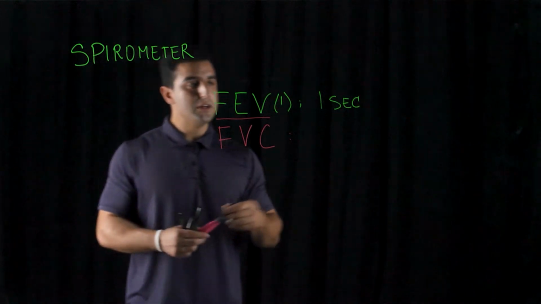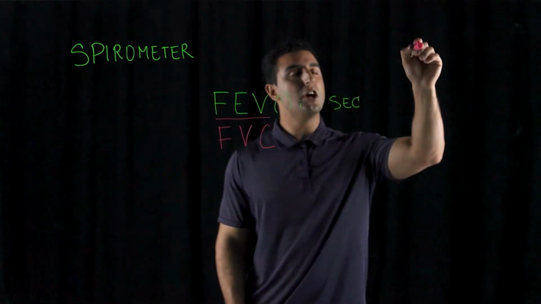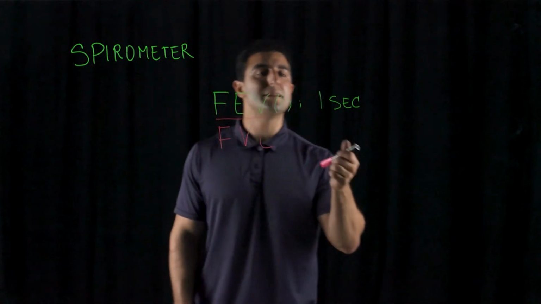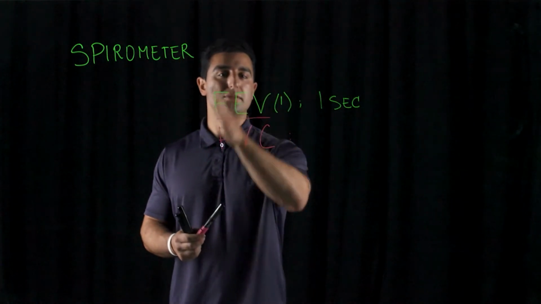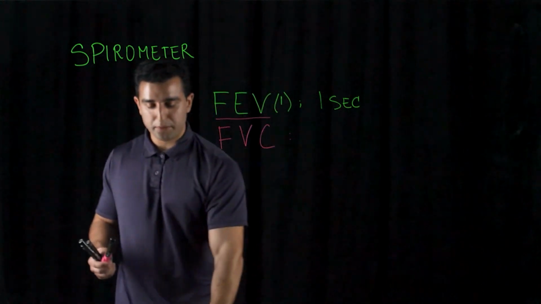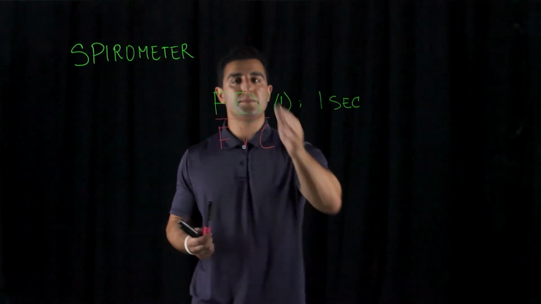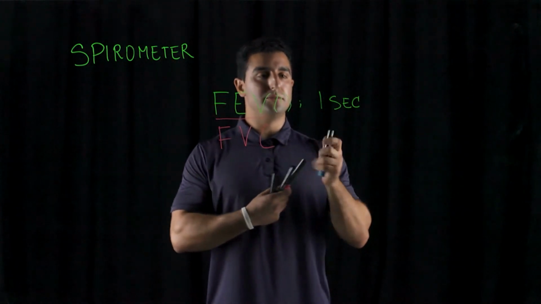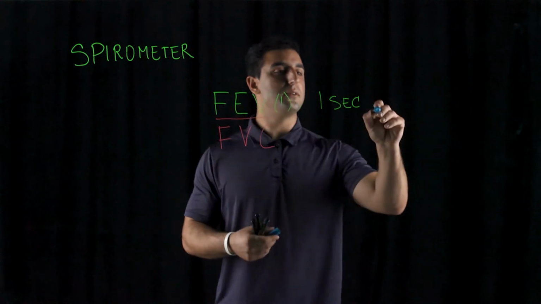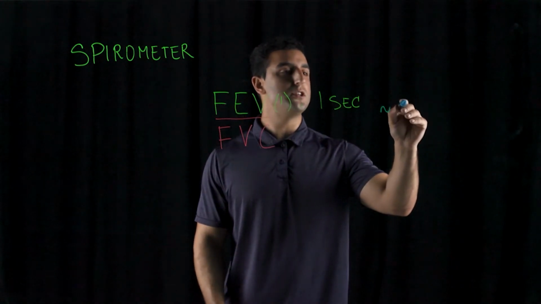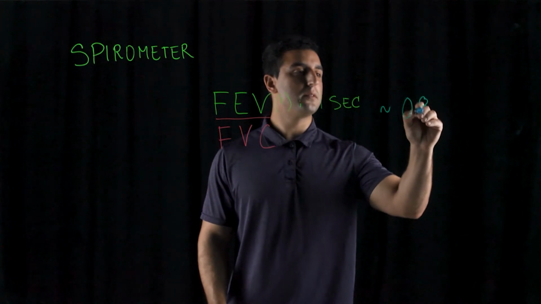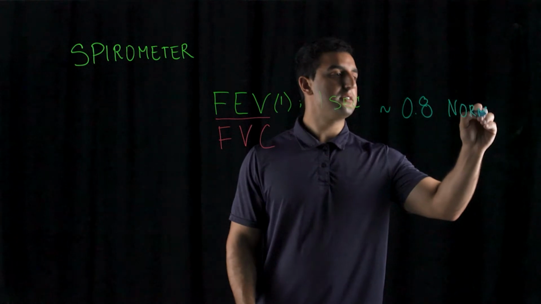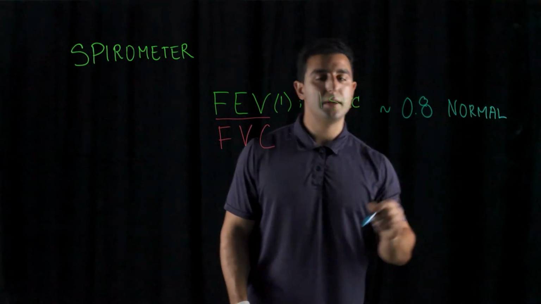Certain common obstructive pulmonary diseases lead to abnormality of these ratios, and this can be easily detected based off of this ratio and these measurements. The normal ratio is about 0.8. So anybody that has 0.8 measured of these ratios, this is considered normal.